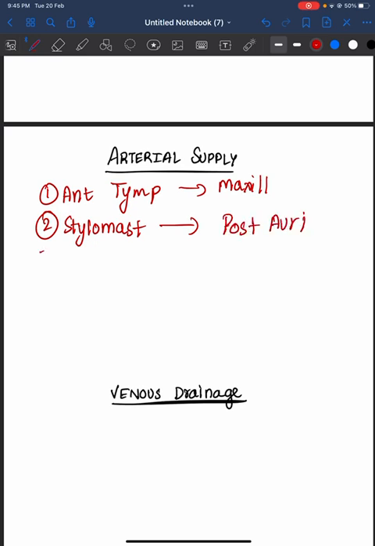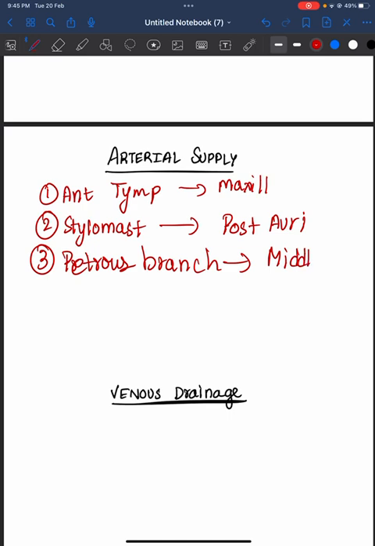Now 3, petrous part, petrous branch, which is a branch of middle meningeal artery. I'm not mentioning the full name.